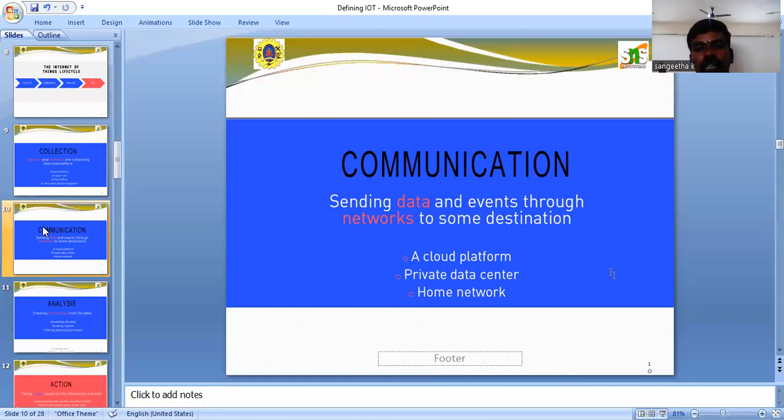With that time limit, it communicates to the handheld device of the owner of that field. They get it as a data or SMS alert, and they can get ready to irrigate that farming land. So that is communication.